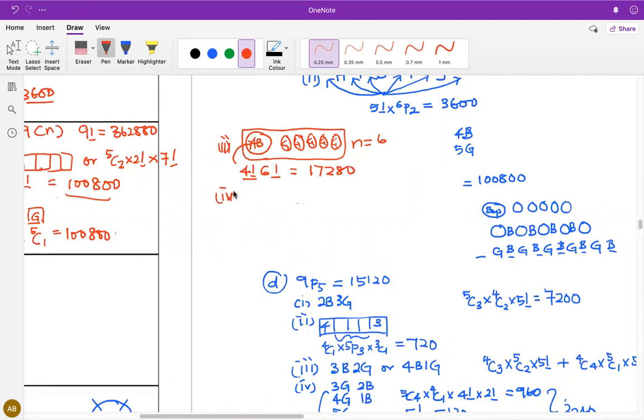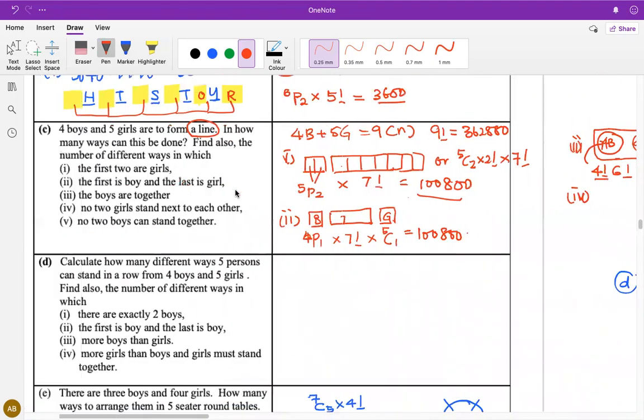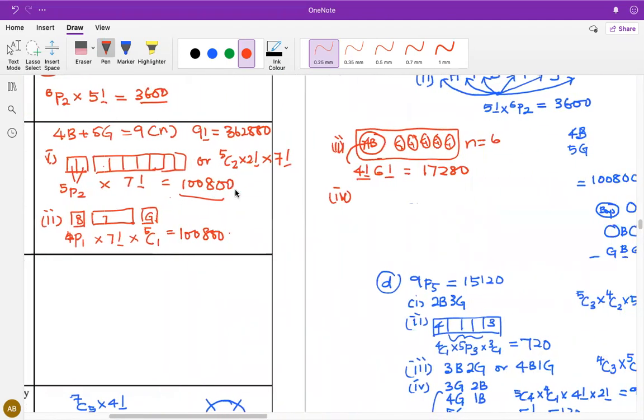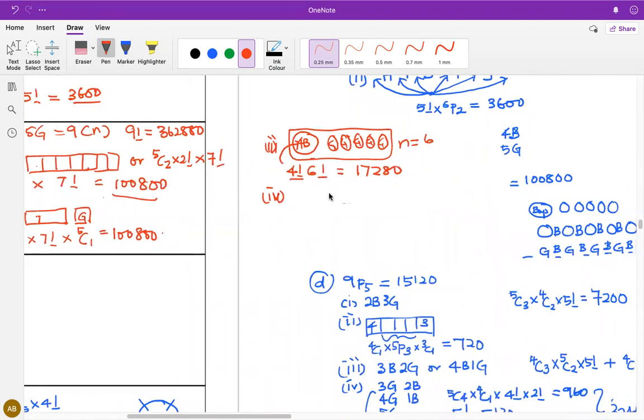Okay, number 4 is no girls stand next to each other. So the girls must be separated. So the only way is girl, girl, girl, girl, girl, and then the boy is between.